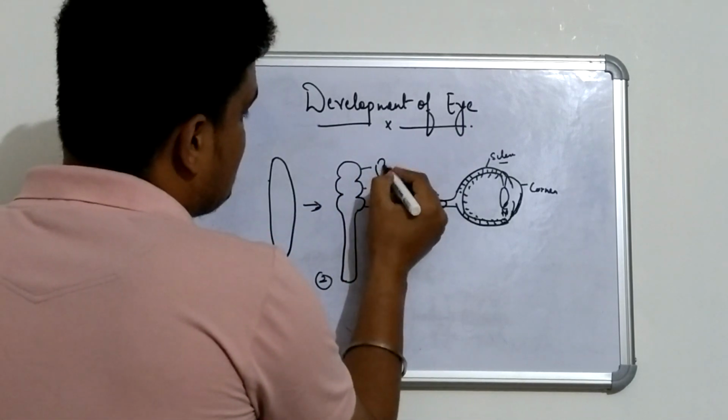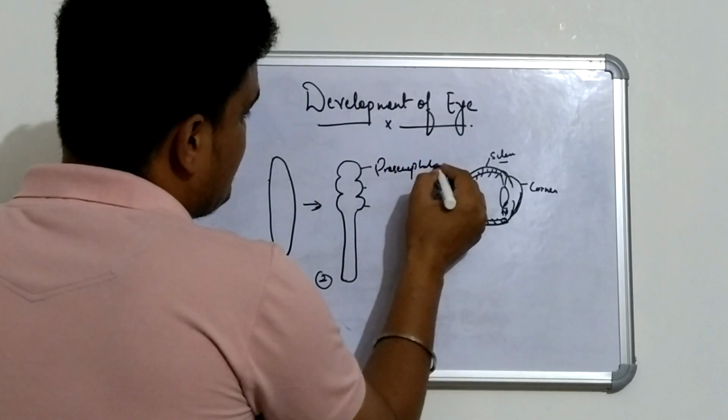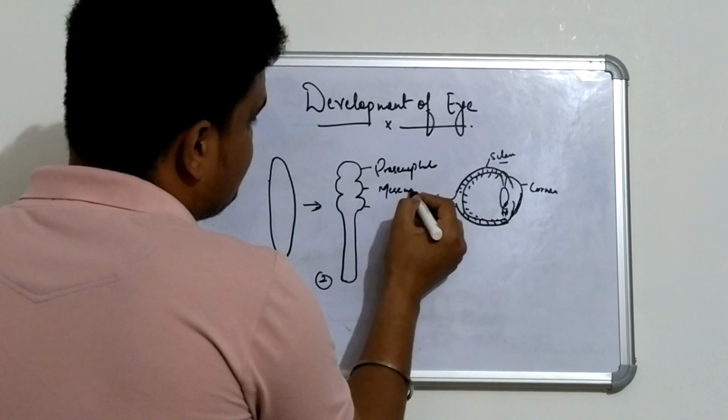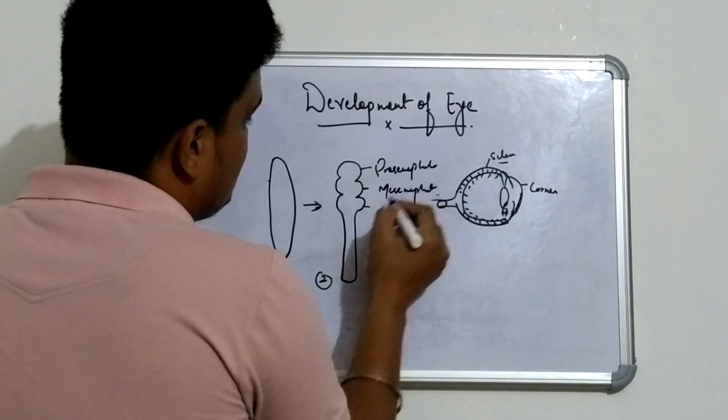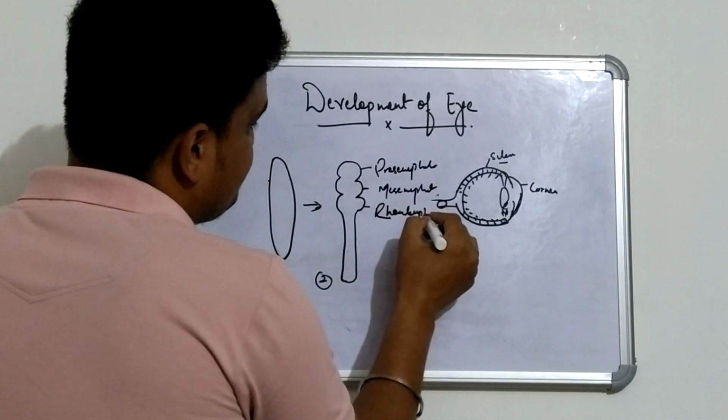The first one is the prosencephalon, the second one is the mesencephalon, and the third one is the rhombencephalon.